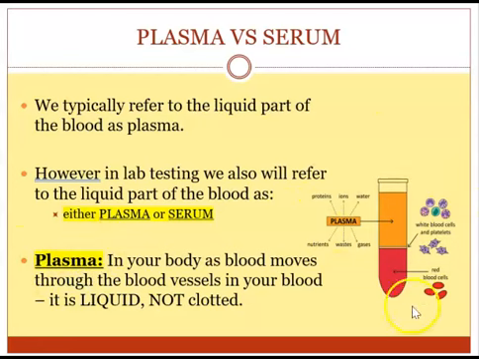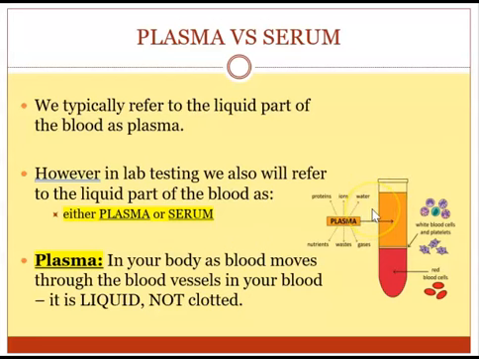Okay, so that's what we have here in this tube. The blood has not been allowed to clot. So if you divide it up into parts, what's in the tube, you've got red blood cells, you're going to have your white blood cells and platelets, and the liquid portion is going to be plasma because the tube has not been allowed to clot.